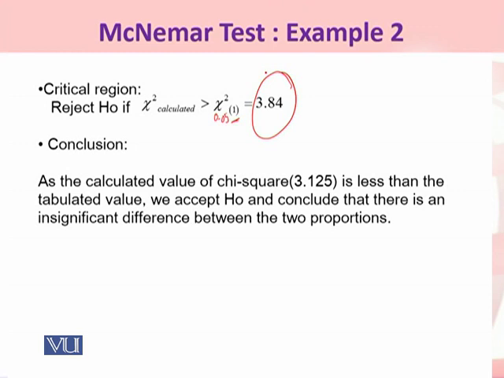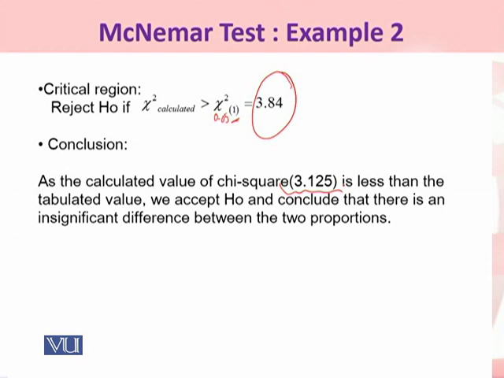So this value is to be obtained from the chi-square table. Now our calculated chi-square value, students, was 3.125. As our calculated value remains less than the tabulated value, it does not fall into the critical region. So we will accept our null hypothesis and conclude that there is an insignificant difference between the two proportions.